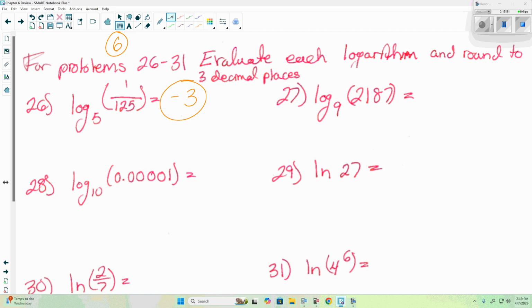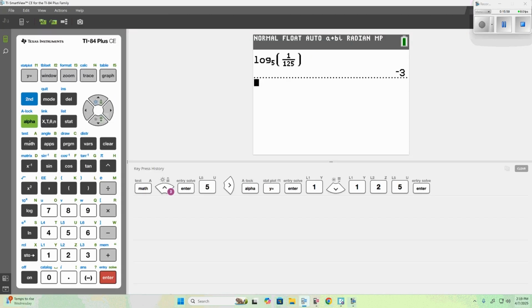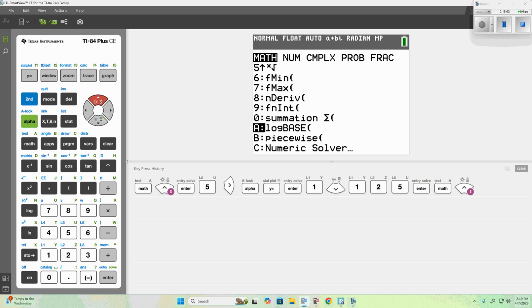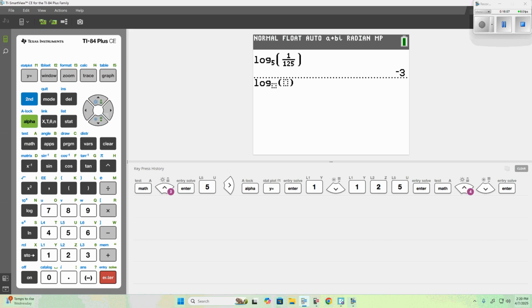So questions on 26, we'll do the same thing with 27 and 28. So 27. Math, scroll up or down, it doesn't matter which. We're looking for log base. Now this next one is log base 9 of 2,187.